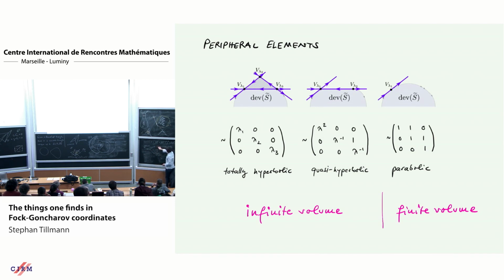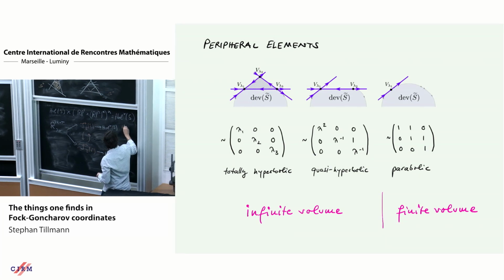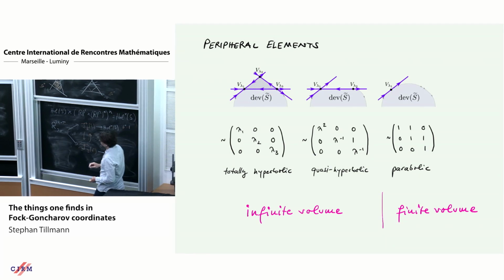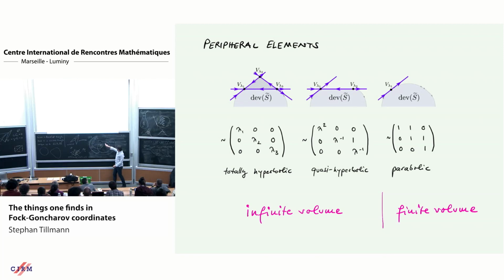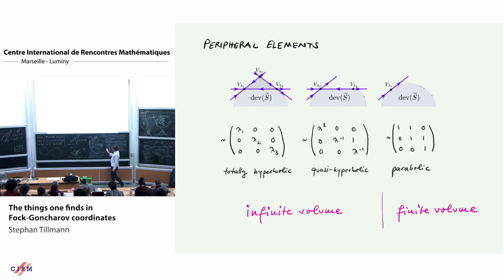If I go from here, it's generically 6 to the cusps to 1. If I come from this intersection here, then it's 4 to the number of cusps to 1, and so forth. There are different strata that you can look at.